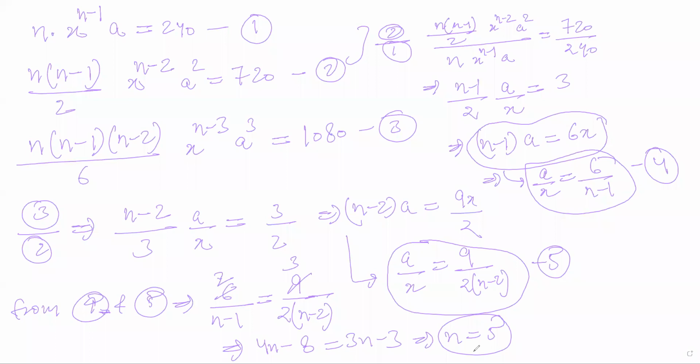Divide 3 by 1, you'll be able to find out a and x both. Work out whatever the values of a and x are.